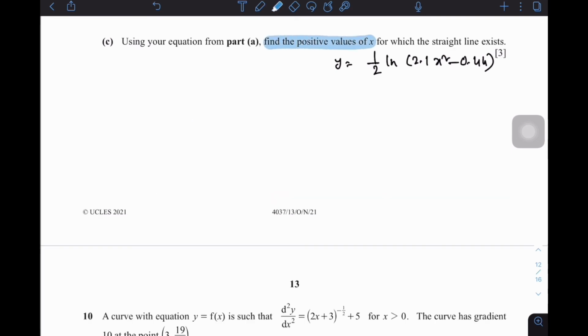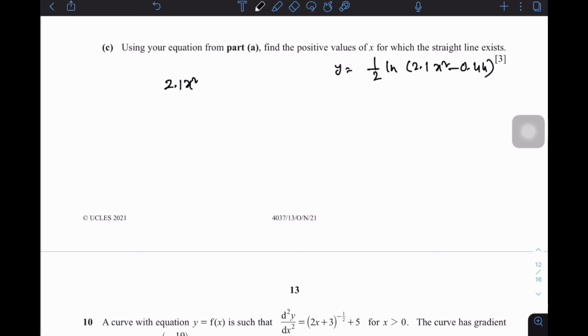Find the positive values of x for which the straight line exists. For the existence of the straight line, we know that log cannot take any negative values. That means logarithms don't have any negativity. They cannot consider any negative values. 2.1 x square minus 0.44 greater than 0. 2.1 x square greater than 0.44.